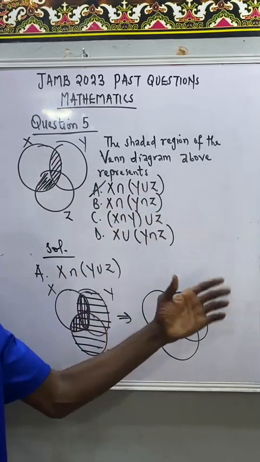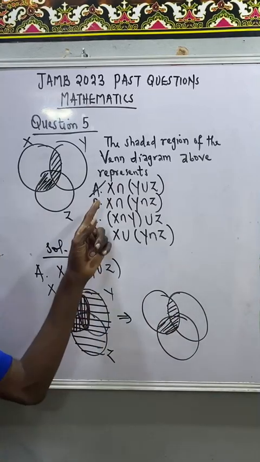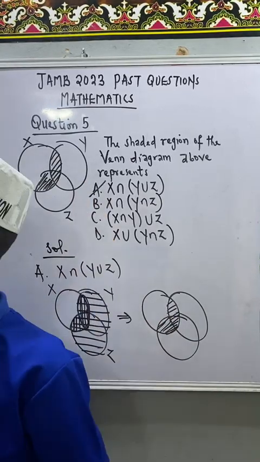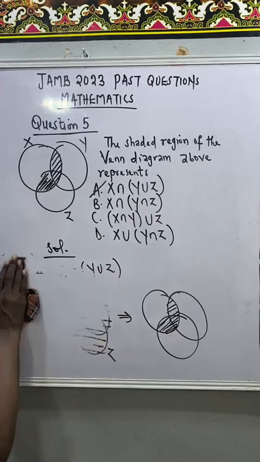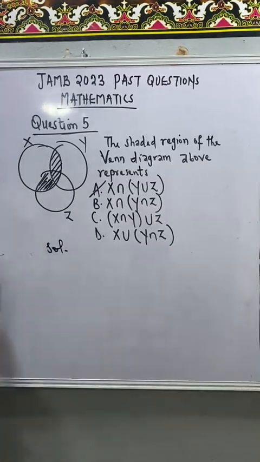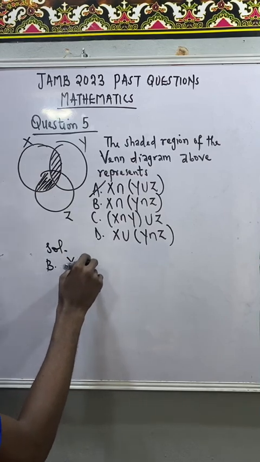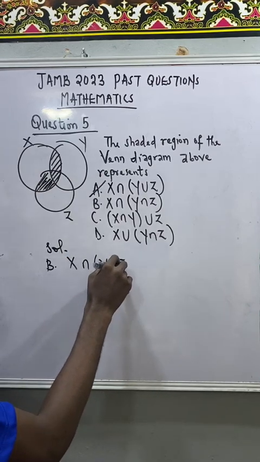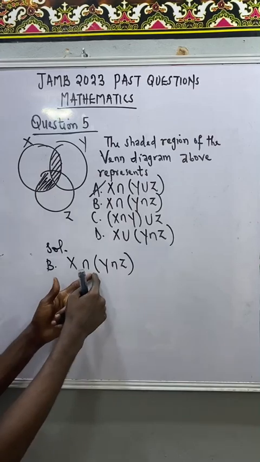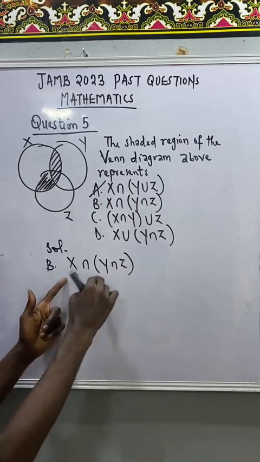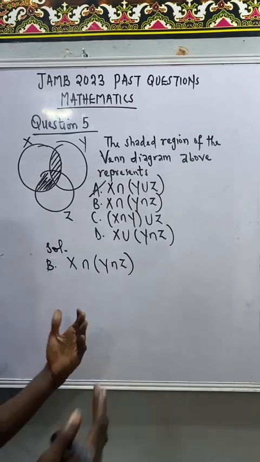Now, for us to have more understanding of this concept, let me represent the remaining 3 options. So let's go to option B. We have X intersection Y intersection Z. First of all, the intersection sign is associative.